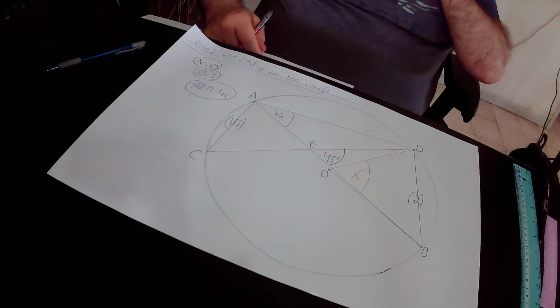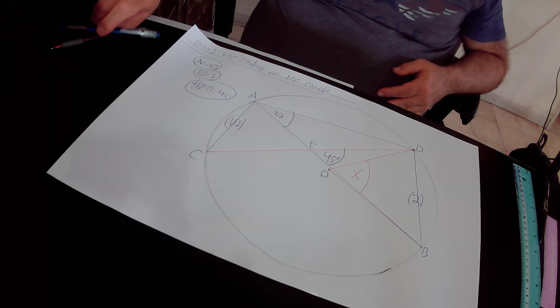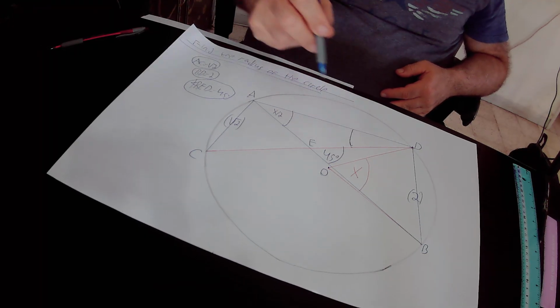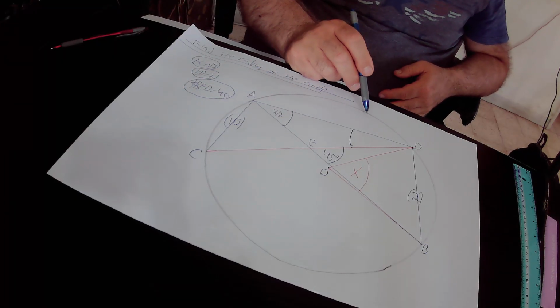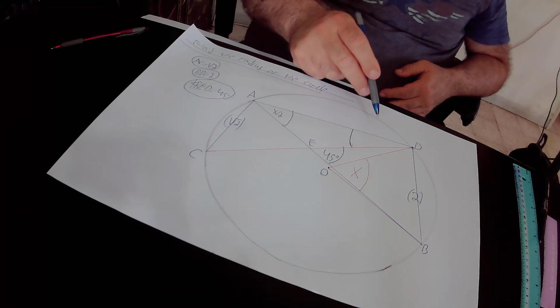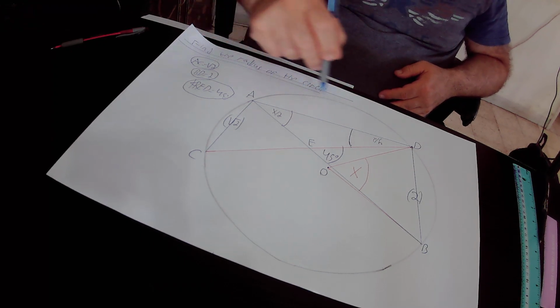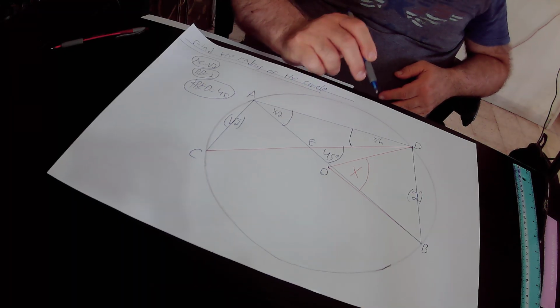In the next step, we define the size of this peripheral angle ADC as y over 2. Again, the size of this peripheral angle ADC is equal to y over 2 degrees.